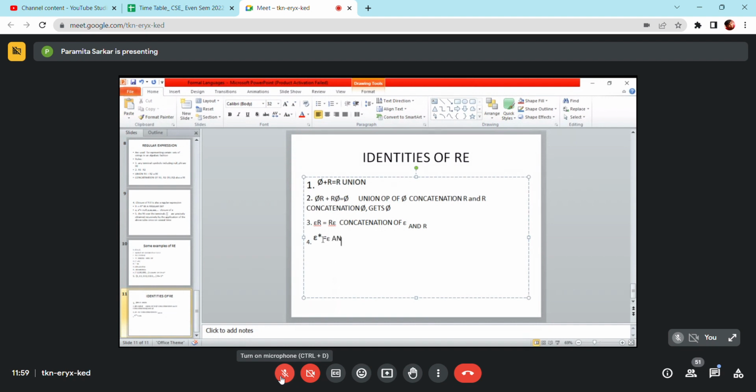And number five, you have already seen this in the rules: if we perform union of the same regular expression, we get the same regular expression again.